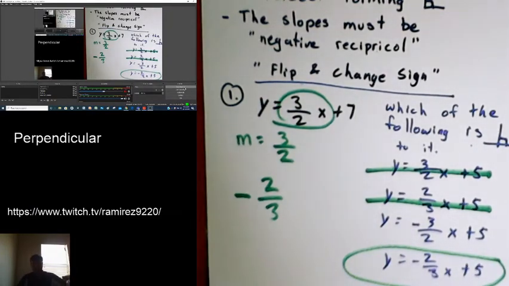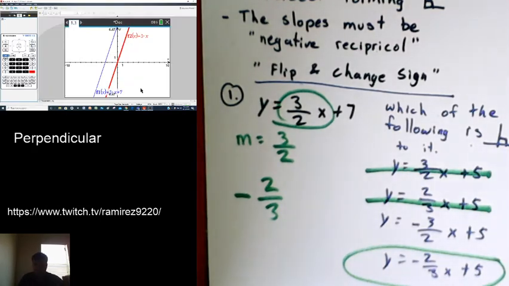That's all it is. So let me go ahead and show you this on the actual graph so you guys can check that out. So let's see. Let's delete that one.